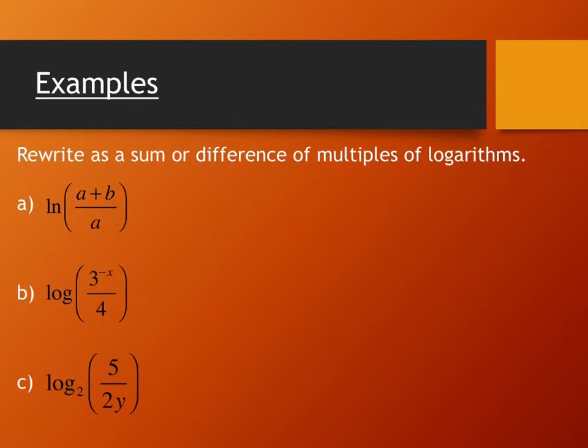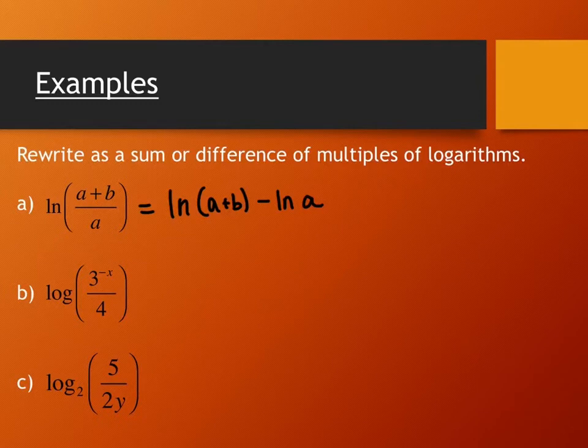Okay, so on the first one, what do you notice is happening inside the log? Division. And division becomes subtraction. And so when we do that and we expand it, we get multiple logs. We get the natural log of a plus b, and then there's the subtraction that shows up, and we have the natural log of a.